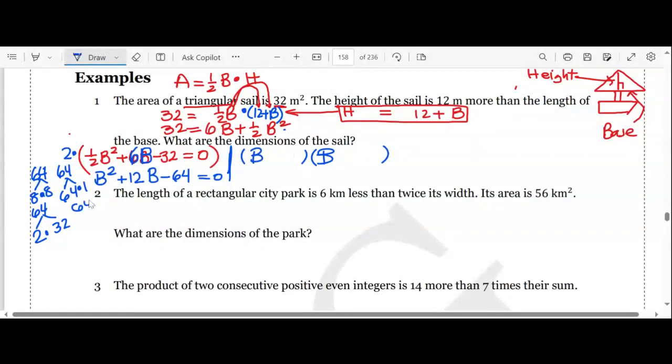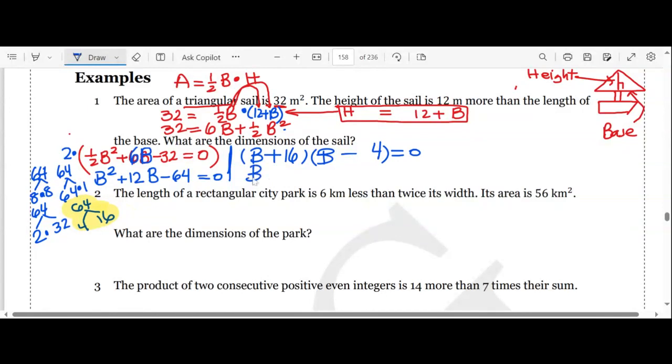What else? 16 times 4. Which one will give you a total of 12? 16 times 4, correct. What about the signs? Positive, negative.